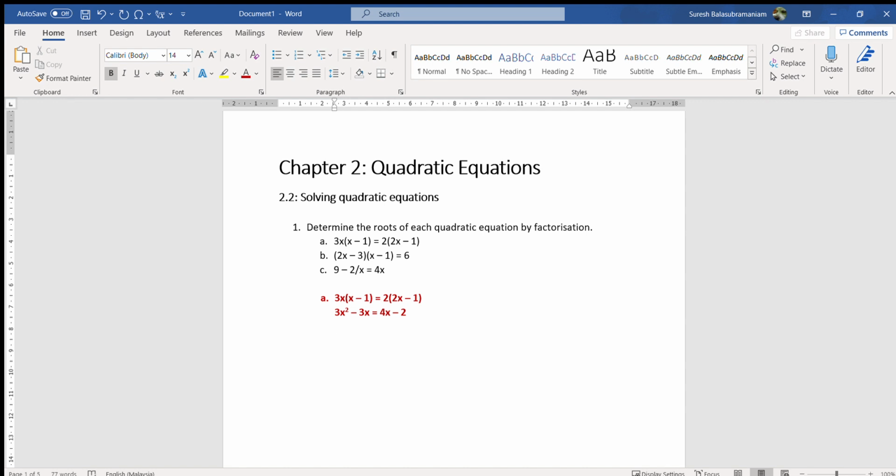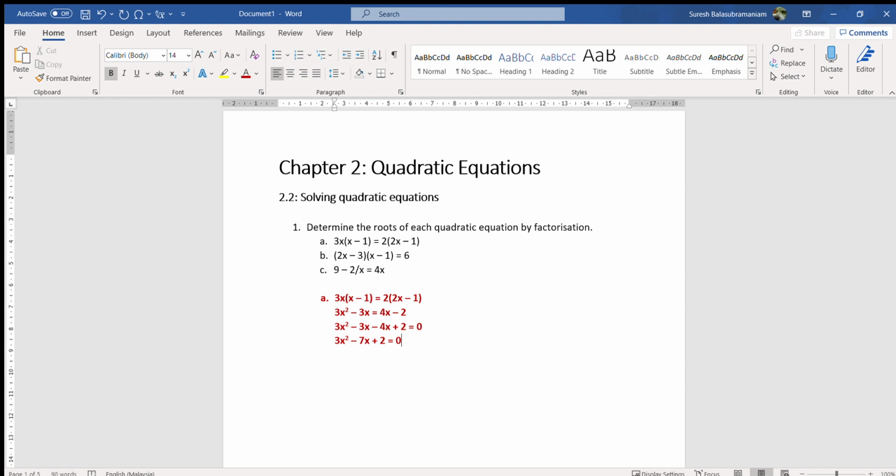Rearrange everything to the left of the equation: 3x² - 3x - 4x + 2 = 0. Simplify: 3x² - 7x + 2 = 0.